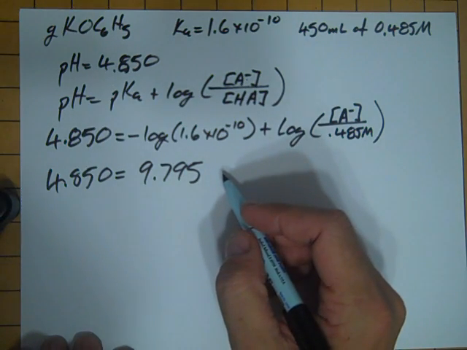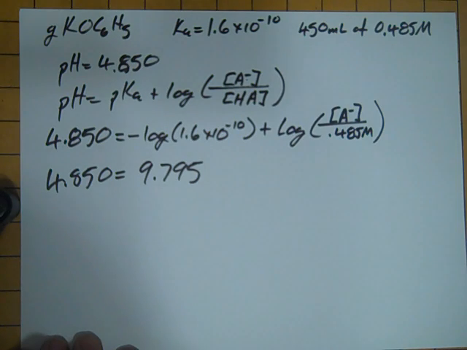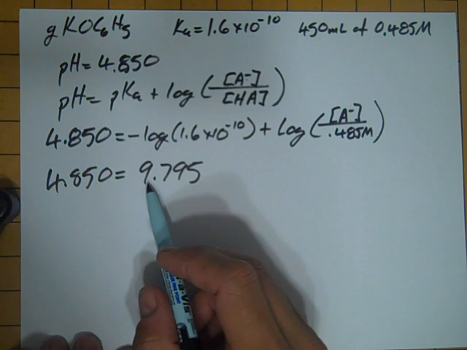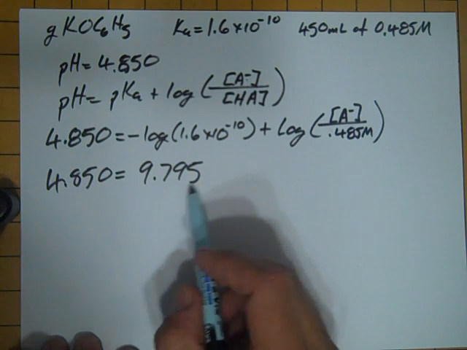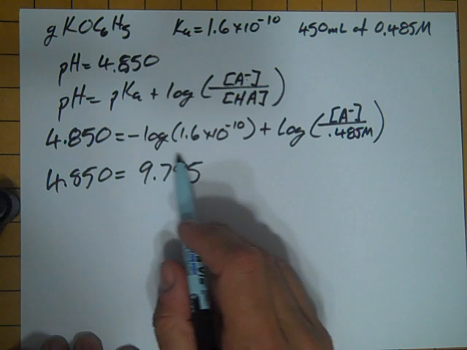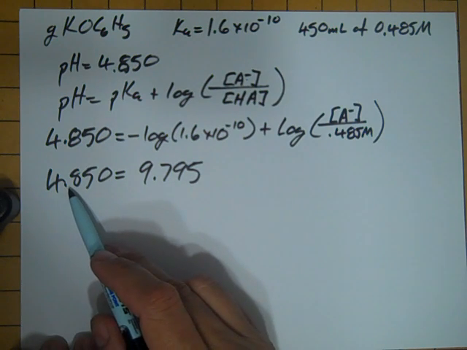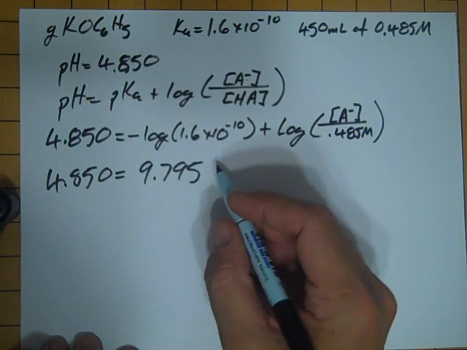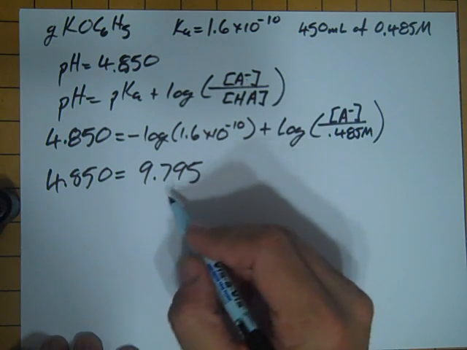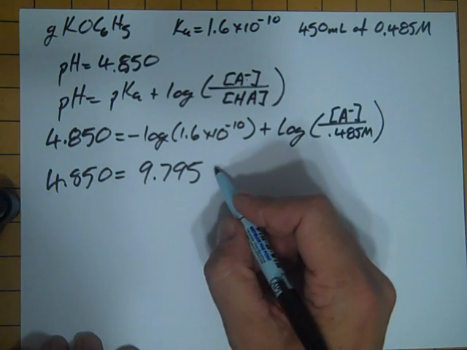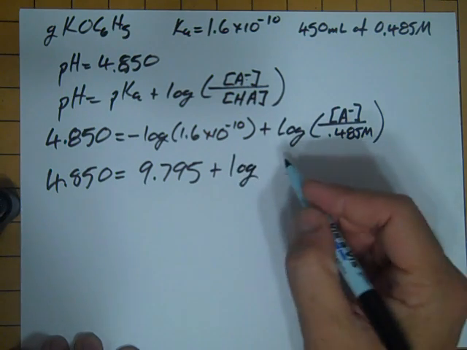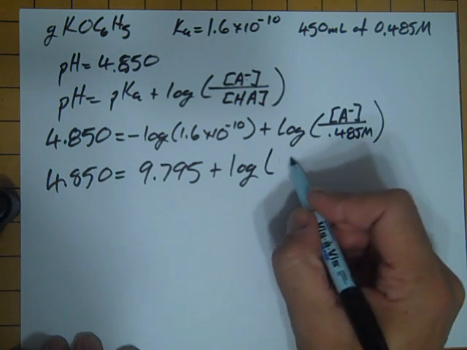Now, right away, I can tell that when I wrote this, I either moved a decimal or I did something funny, because if I'm making a buffer, I want to stay plus or minus 1 away from the pKa. And if I'm trying to make a buffer that's all the way down here, it's going to be very challenging. So I might come up with irrational results. So good luck trying to really do this. But we can still do it on paper because the system for doing it is consistent and reliable.